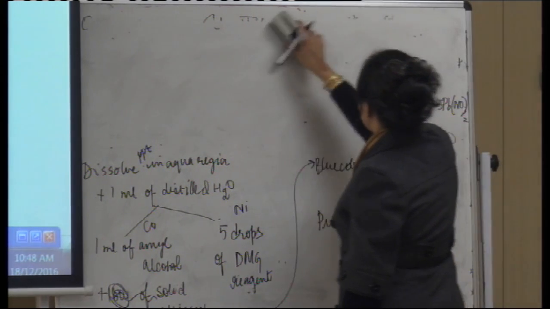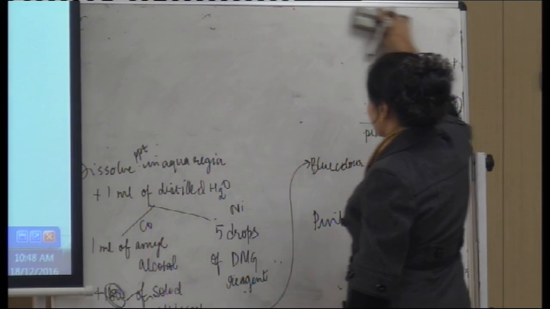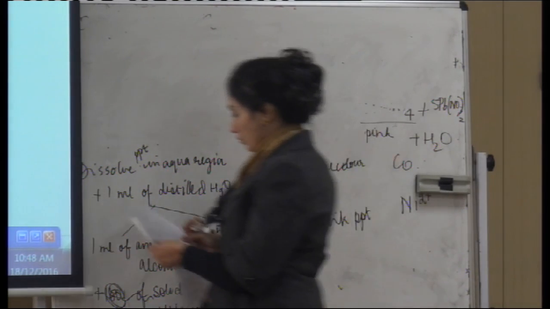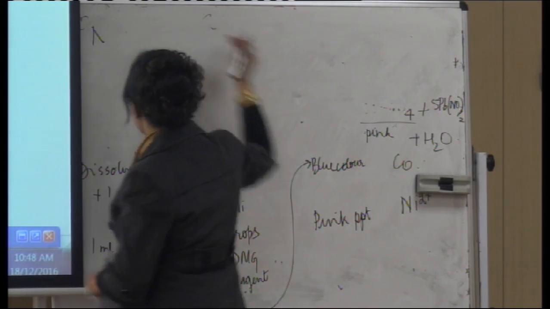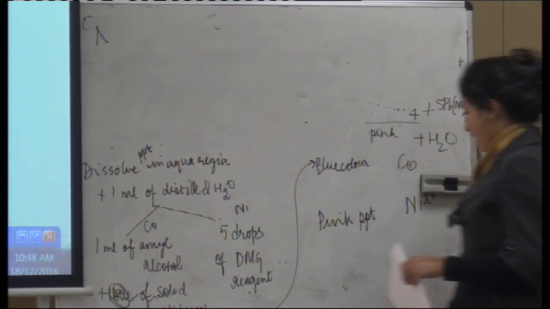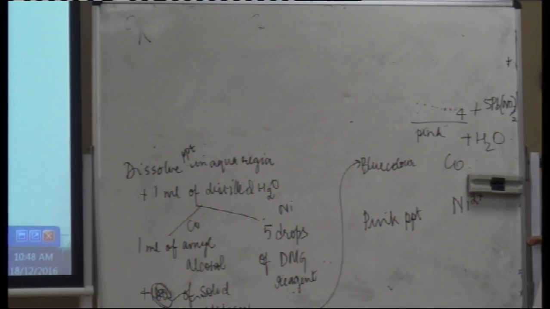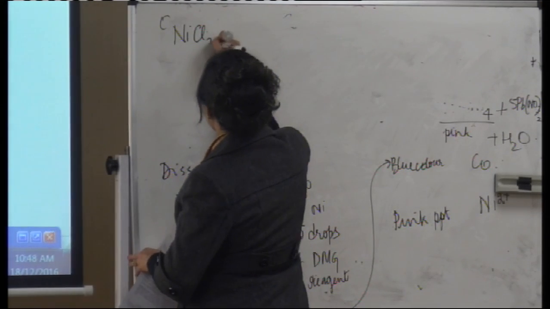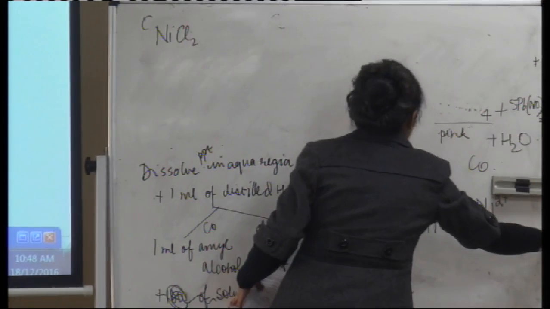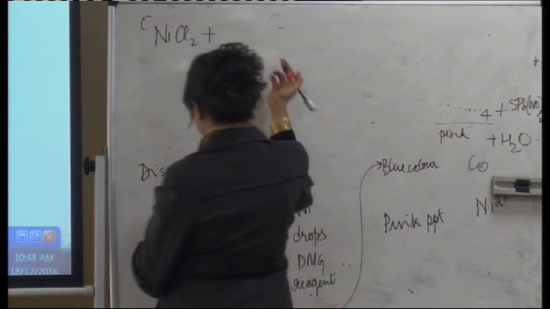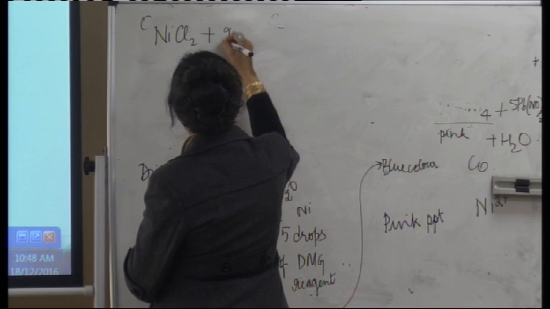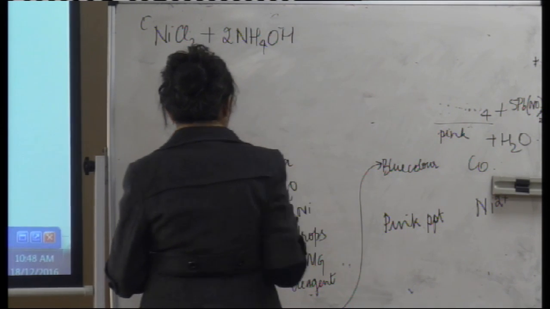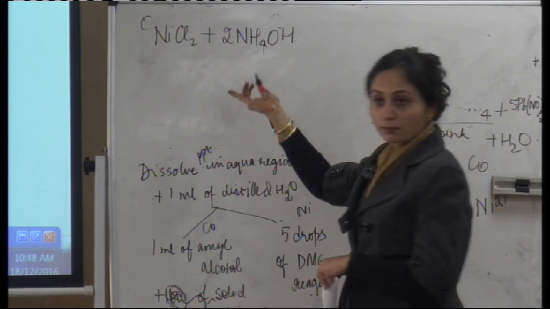And then for nickel, it is an important test because here you get a kind of ring structure formed, which is very important. Say you had nickel chloride as the salt, so you have your NiCl2 plus you added ammonium hydroxide to it, because you have taken your precipitate basically.